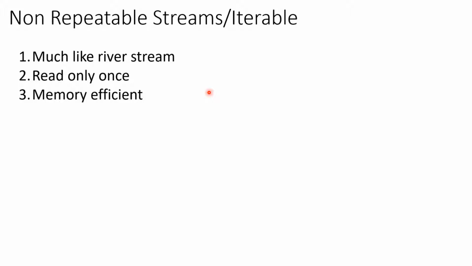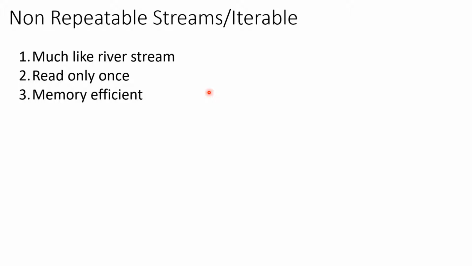You stand at a place, your friend stands maybe 200 meters apart from you, and you are the first person at the stream. After that the river stream reaches your friend, and suppose there is one single fish floating in the river, and it comes to you and you catch it. Okay, so do you think that fish will reach your friend? It won't, right? Because you already consumed the fish from the stream.